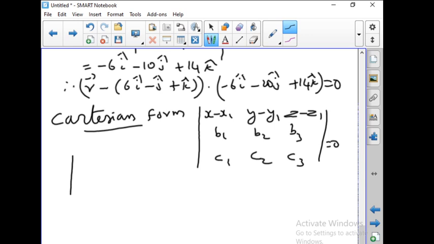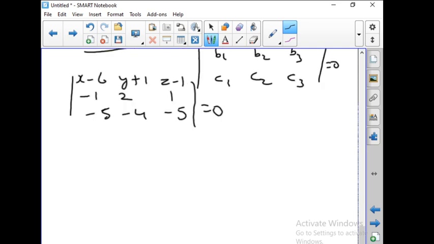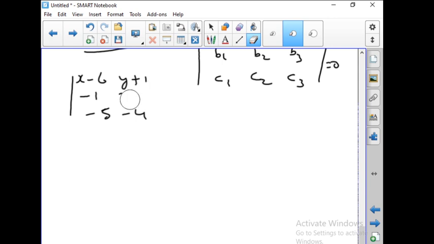What is x minus x1? x minus 6, y plus 1, z minus 1, minus 1, 2, 1, minus 5, minus 4, minus 5 is equal to 0.